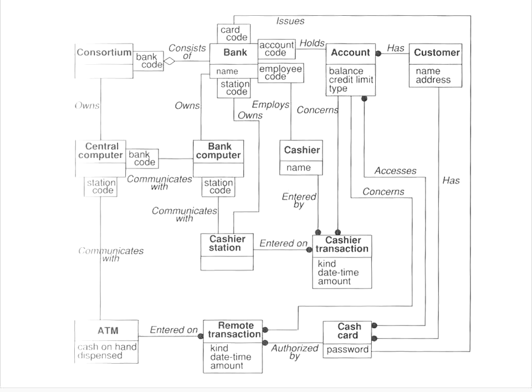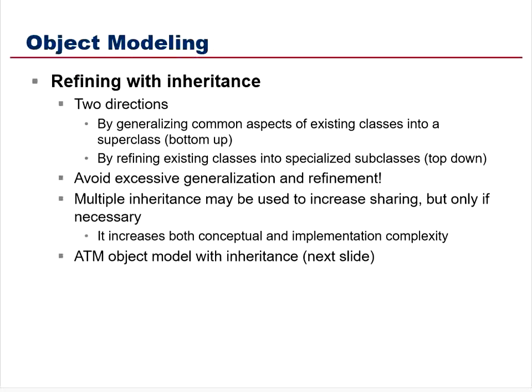In the earlier diagram we just constructed an initial object model, but this is the object model implemented with attributes. After this we have to refine with inheritance. There are two directions: generalizing the common aspects of existing classes into superclasses, which is the bottom-up approach, and refining the existing classes into specialized subclasses, which is the top-down approach.